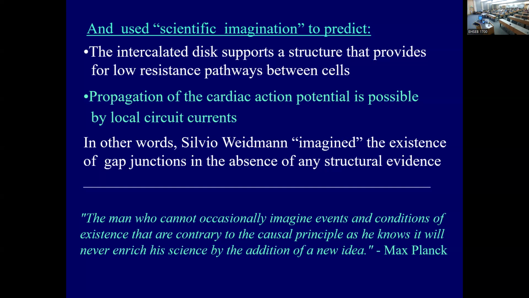In other words, Weidmann imagined the existence of gap junctions in the absence of any structural evidence. Remember, he did all of this before we had all the knowledge that we have now about the gap junctions and their structure, and with Robin's work about how they get to the intercalated disc. We know a lot about gap junctions, but early on that was not known.